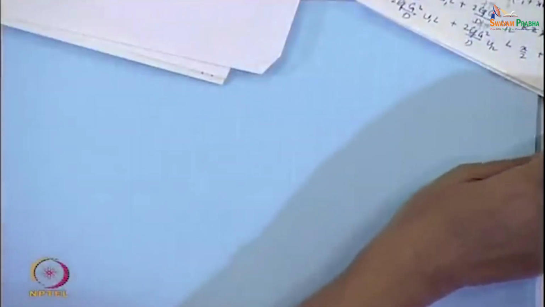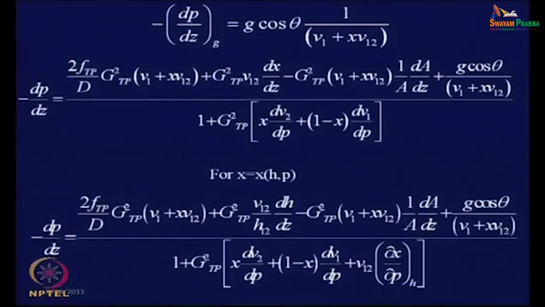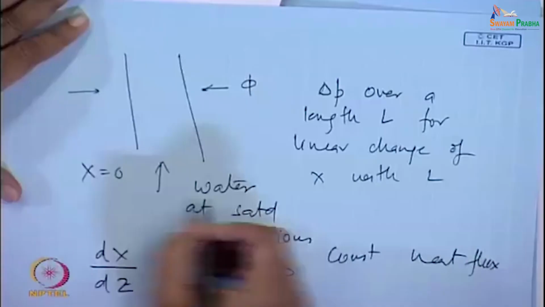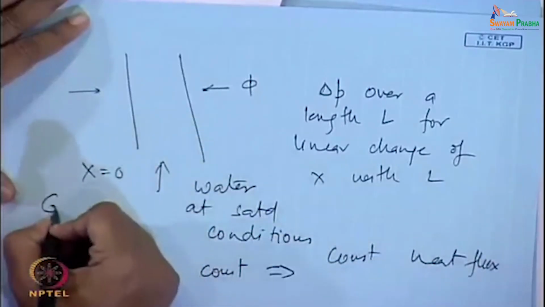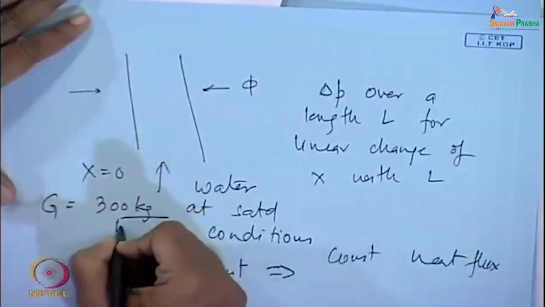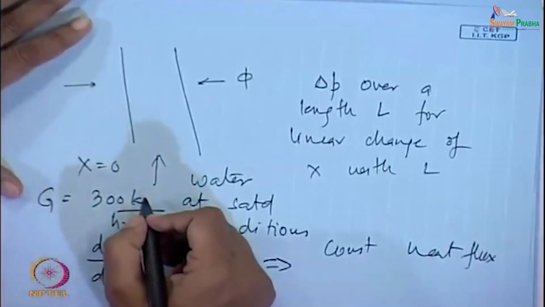In fact, I will give you certain values so that you can work out the problem. Say for example, in this particular case, the water at saturated conditions, the G, let me put it as 300 kg per hour meter square, so that you can actually put values and work it out.